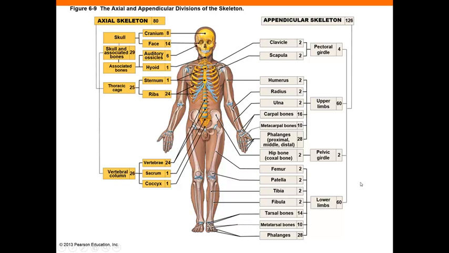The axial skeleton includes the skull, the thoracic cage, the ribs, the sternum, and all of the vertebrae in the vertebral column. The appendicular skeleton is going to include the pectoral girdle and the upper limb, the pelvic girdle, and the lower limb.